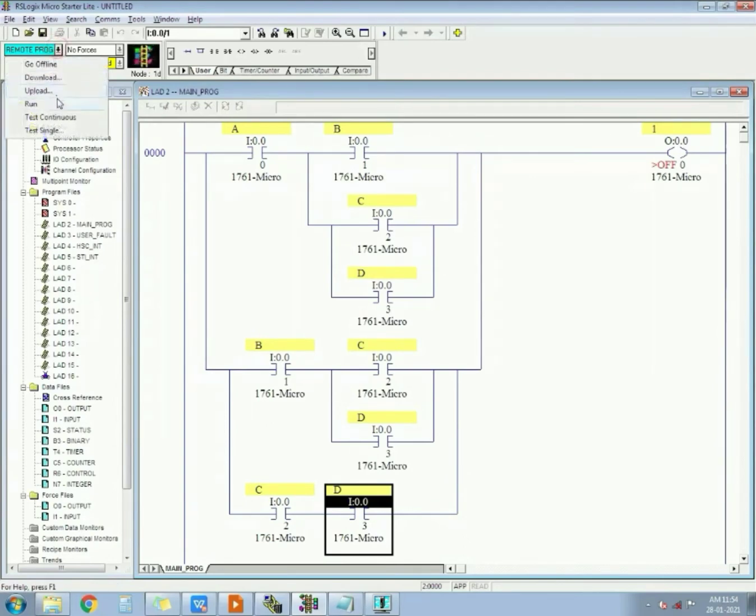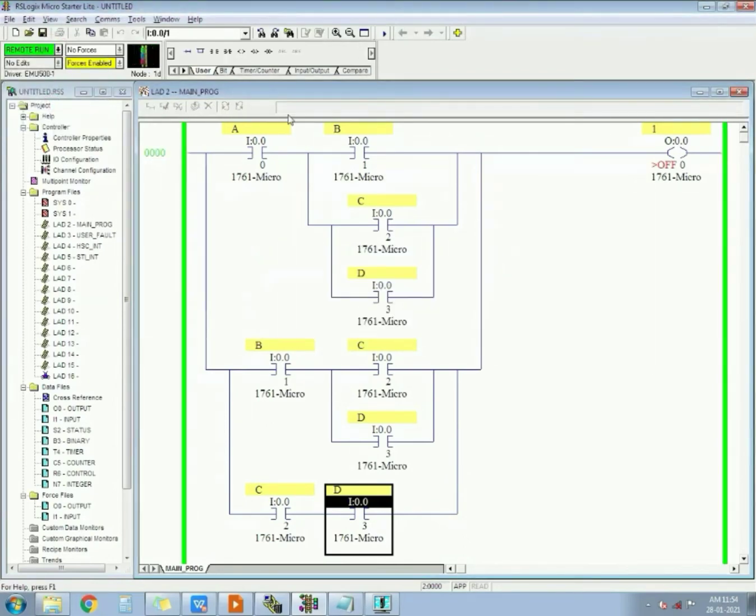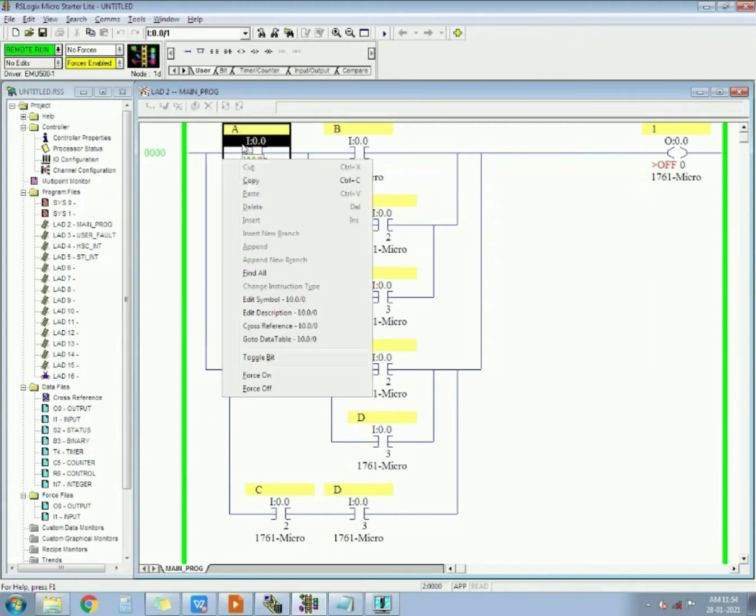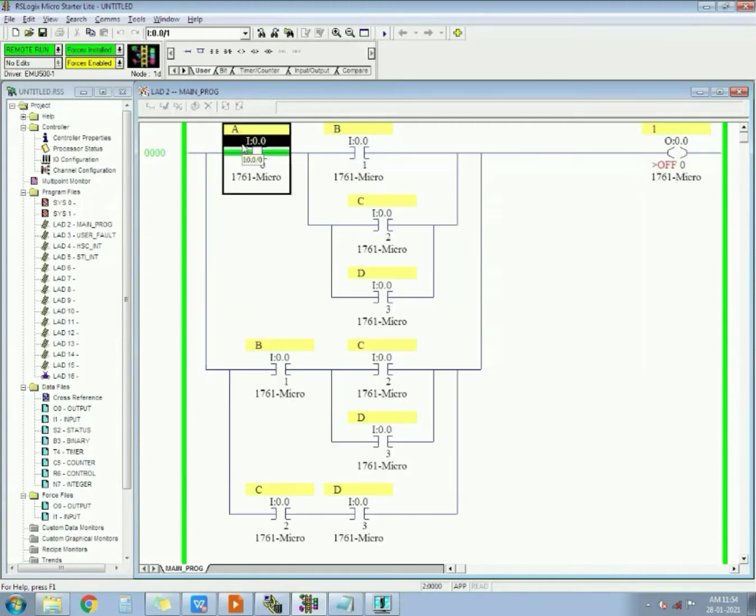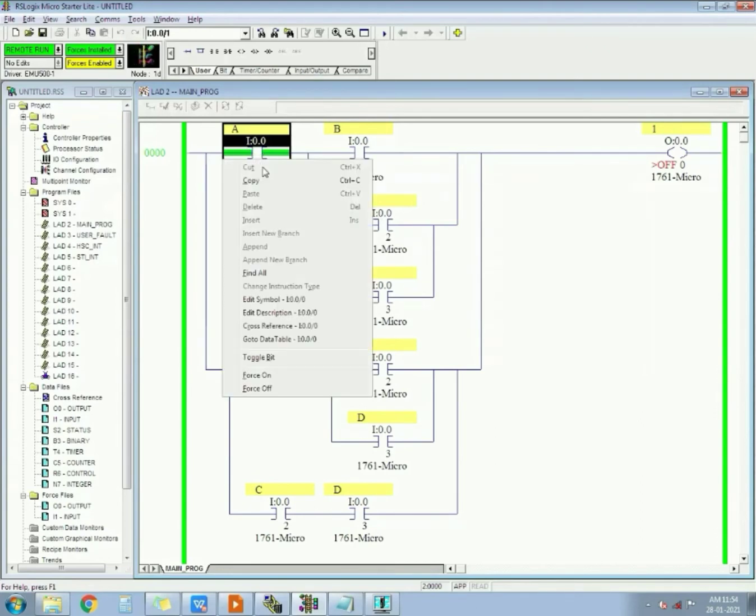Run it. Now you can see if any one input gets on, no output gets on. If I switch on any input individually, no output will get on.